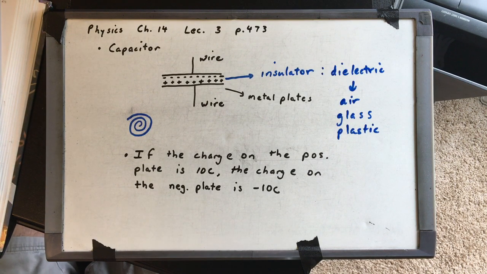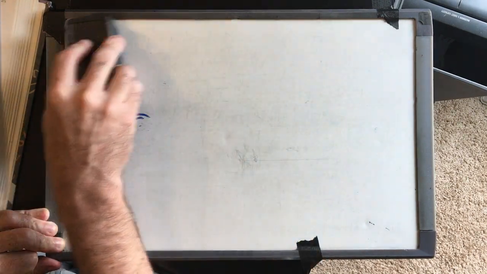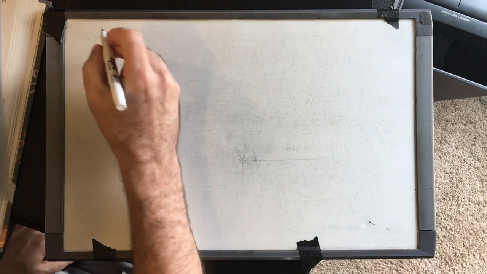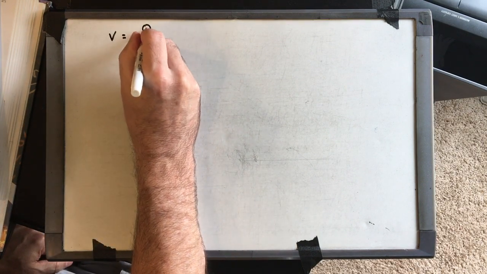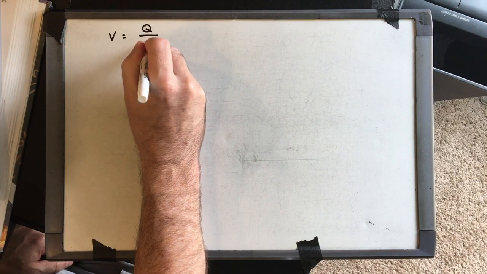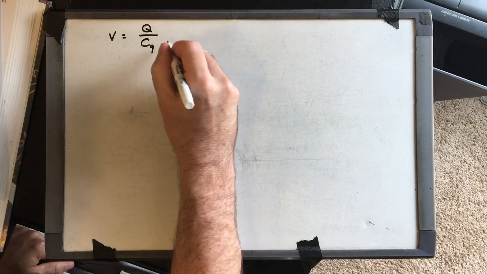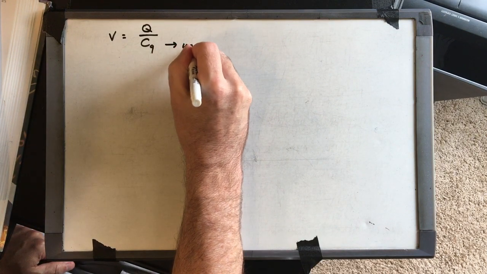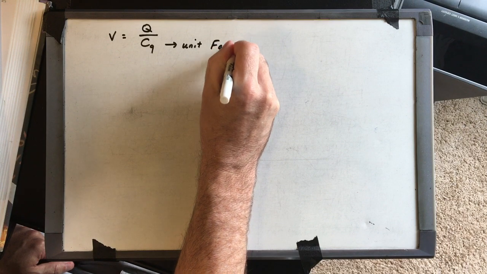Okay, if you'll look at the top of page 5, we will get into the math of capacitance. So we have an equation, and that is voltage is equal to charge over capacitance. All right, and the unit for capacitance is farads, after Michael Faraday.